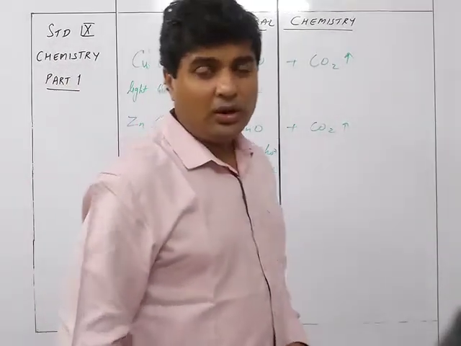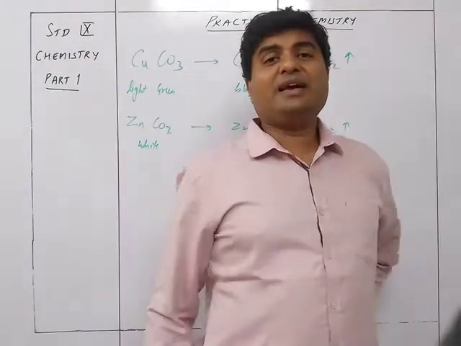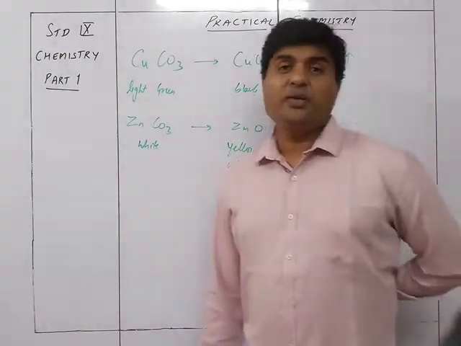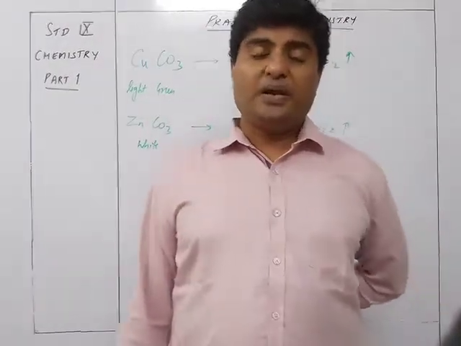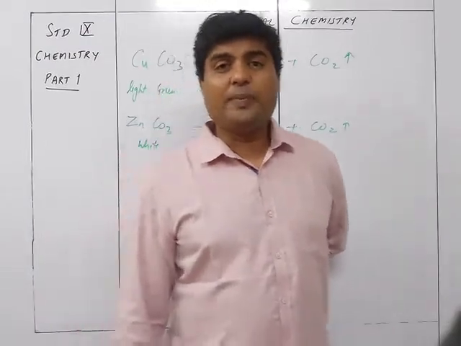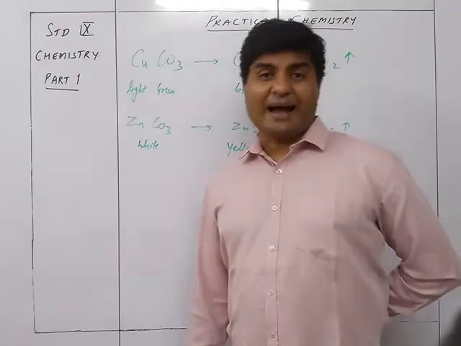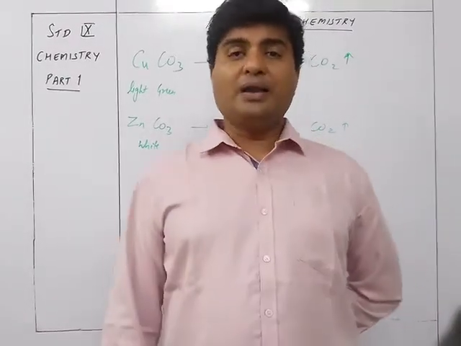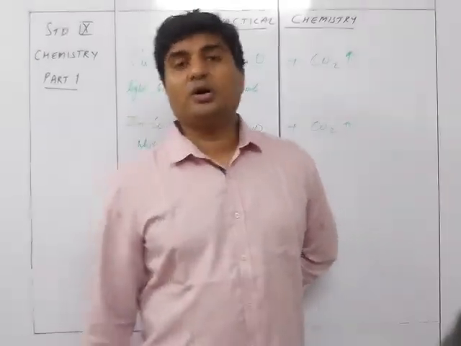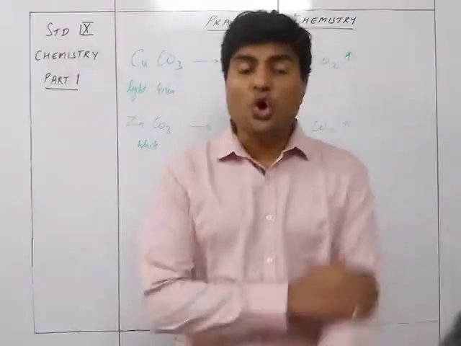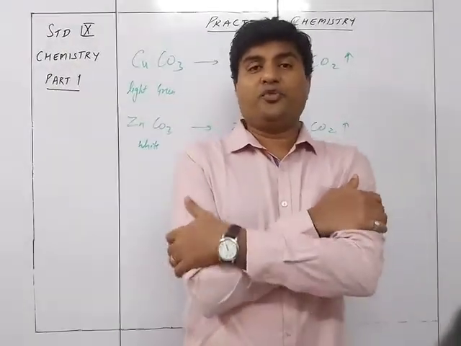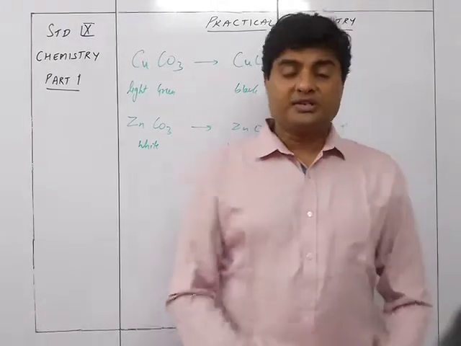So ZnCO3, that is zinc carbonate, when heated will give you a yellow colored PPT when it is hot and a white colored PPT when it's cooled down or cold. Along with that, there will be an evolution of a colorless gas, which is going to turn the lime water milky but has no effect on KMnO4 or K2Cr2O7 solution.